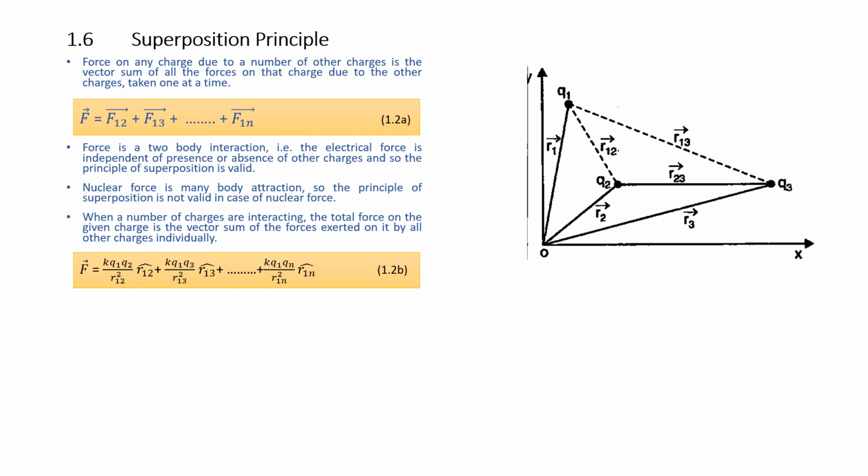Mathematically, it is written as F is equal to K into Q1 Q2 divided by R12 square into R12 vector plus K into Q1 Q3 divided by R13 square plus etc. up to K times Q1 Qn divided by R1n square.